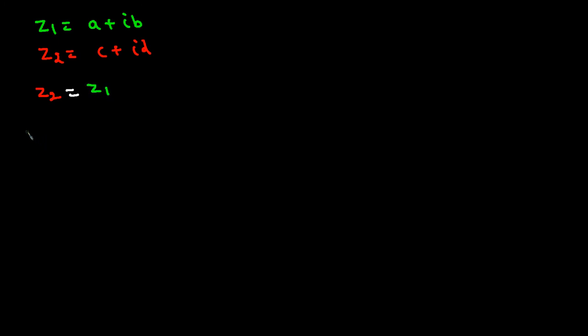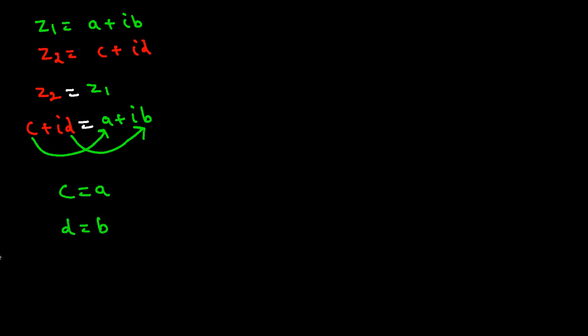That means c plus iota d is equal to a plus iota b. So when this happens, that means the real part is equal to the real part of the other complex number, so c is equal to a, and the imaginary part is equal to the imaginary part of the second complex number, so d is equal to b. So that is one of the properties you can use to solve some examples. For example, we got a problem here.